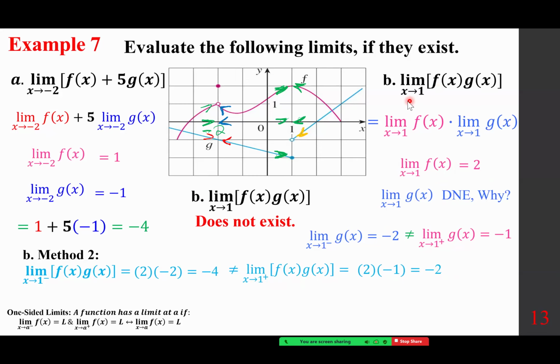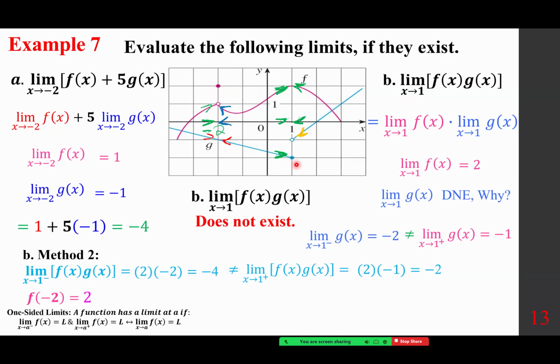Now, a couple of items of interest. One of them was f of minus 2 that I explained. The functional value is a solid point having y coordinate equals to 2. So that's the answer.